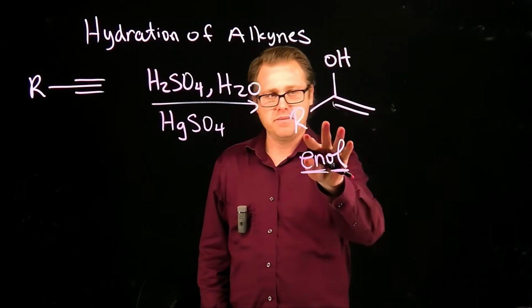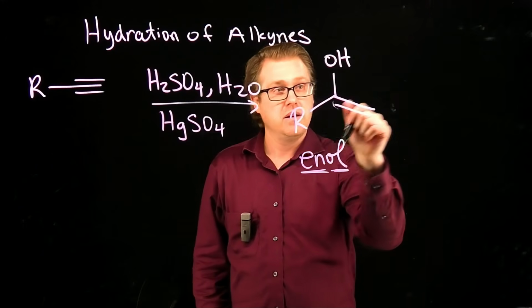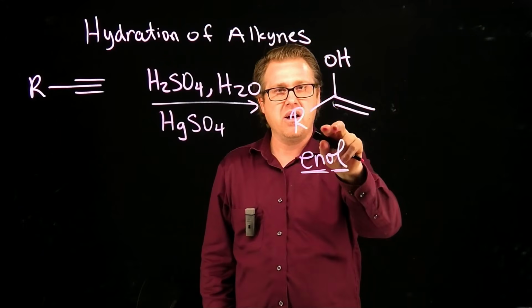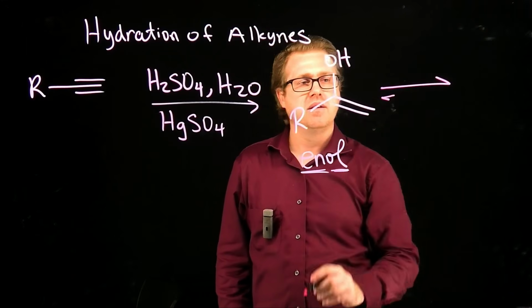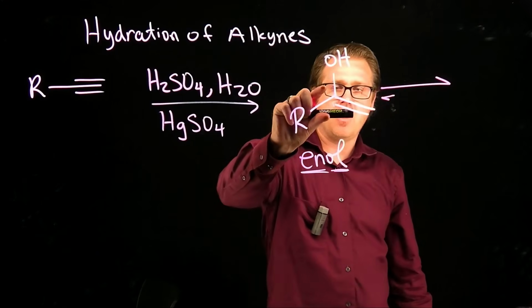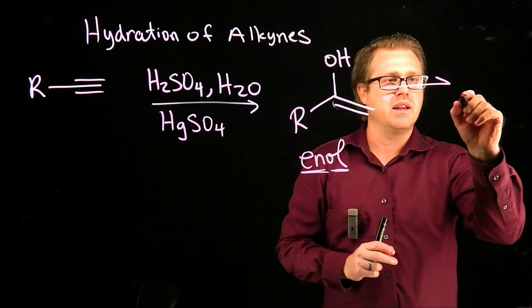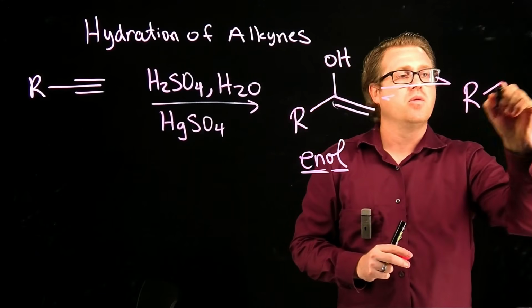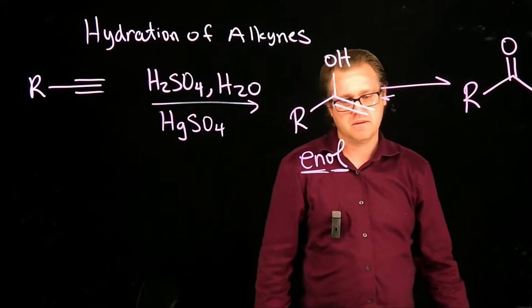But enols are not going to be isolated. What's going to happen is once the enol is formed, there's an equilibrium process which says this molecule is going to tautomerize into the keto form, which looks like this. Okay.